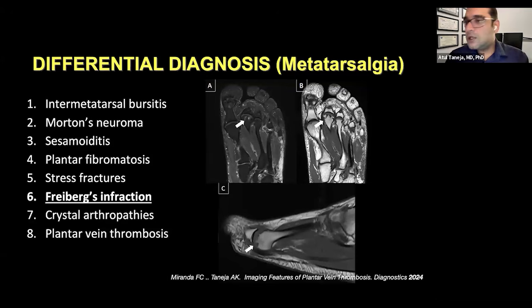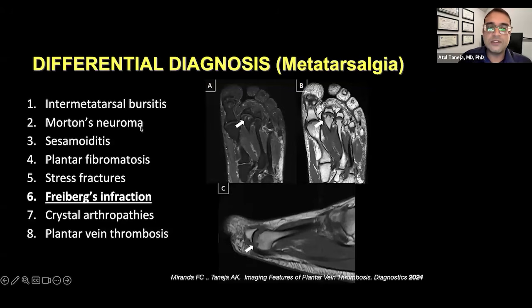Freiberg's infraction, which will be either an AVN slash insufficiency fracture. Why slash? Because there are different pathophysiologies that can lead to this deformity of the metatarsal head. Over time, in chronic phase, you're going to see shrinking of the metatarsal head with flattening and even fragmentation.